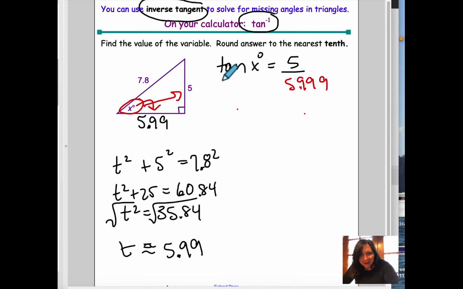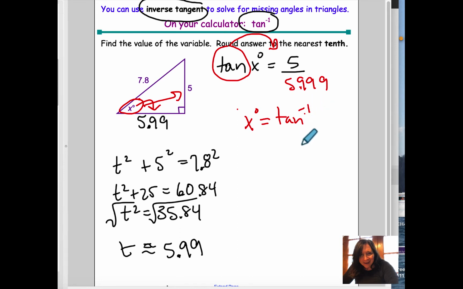Now, remember how we were talking about inverses? Well, in order to isolate the x, that means that you need to take this tangent and move it over to the other side of the equation and actually do its inverse. So what that means is now the act of bringing it over is the inverse of tangent. And so that's going to be what we call arctangent.